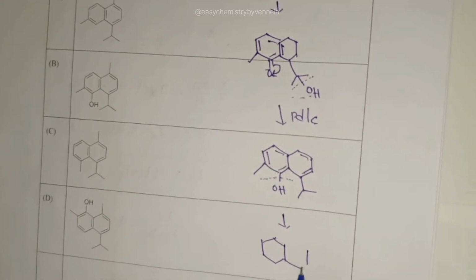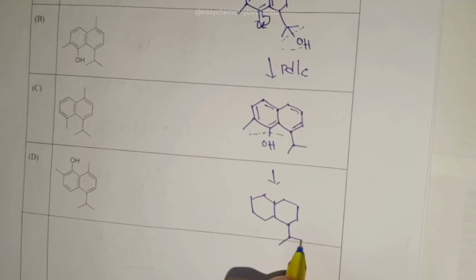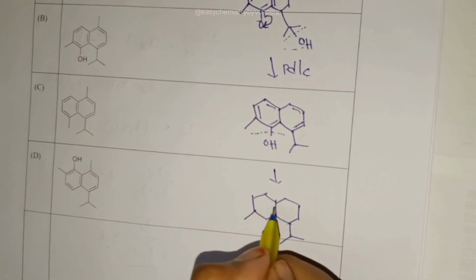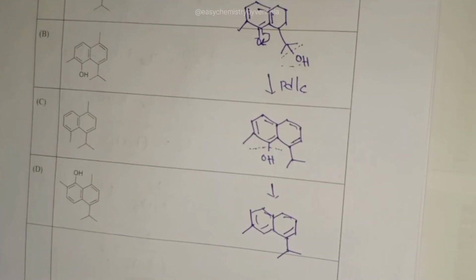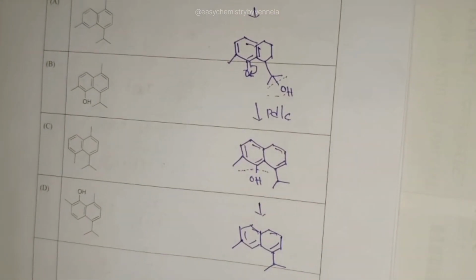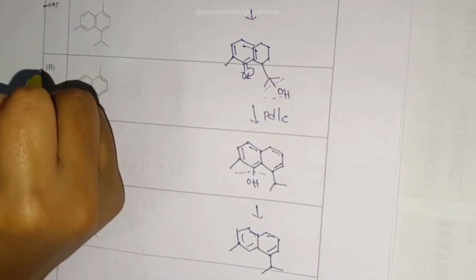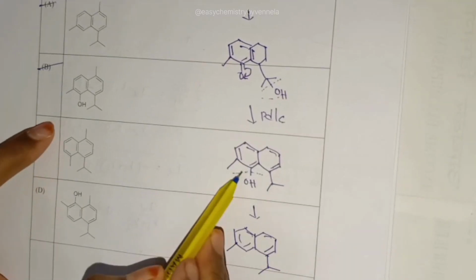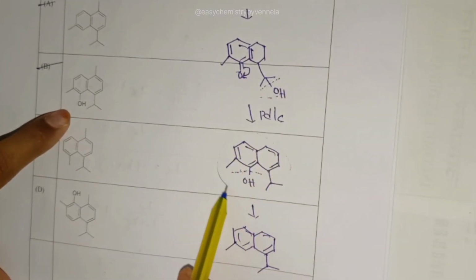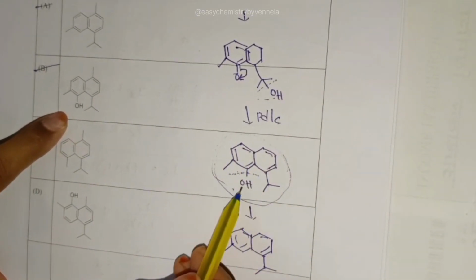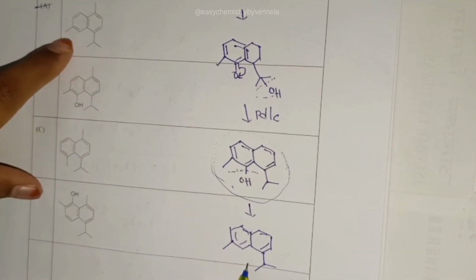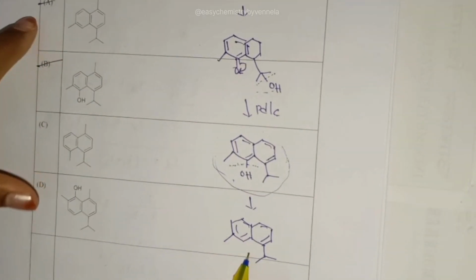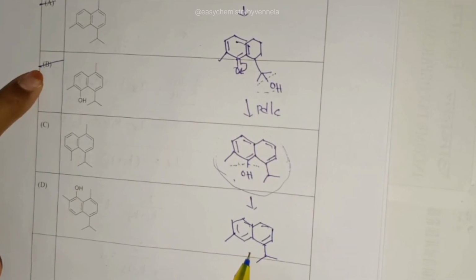So again final product is like this. So in these options, which is the correct answer? A and B, because here first this is the product. After again breaking of OH, it can form like this. So in this question, A and B are the answers.